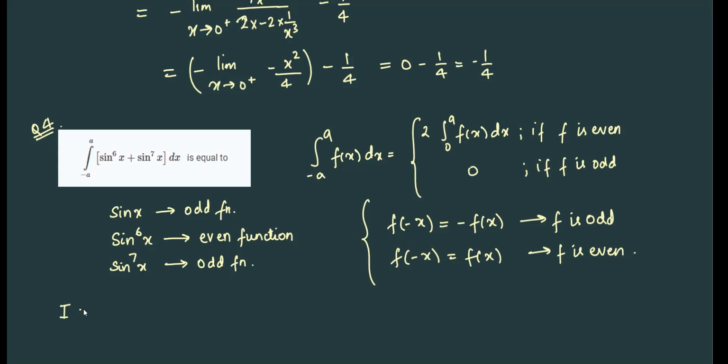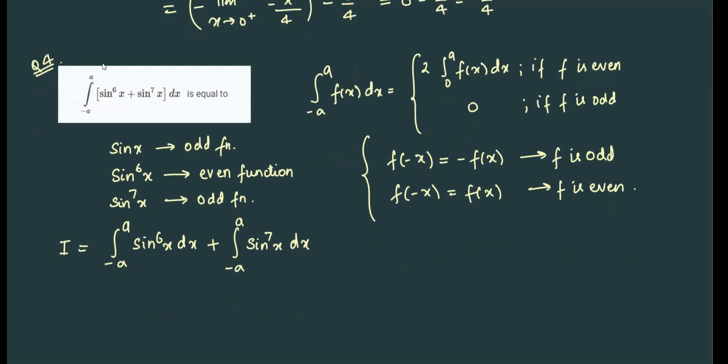So this we can split into two integrals. Integral minus a to a sine x raised to the power 6 dx plus integral minus a to a sine x raised to the power 7 dx. So this is odd, so this will go to 0 because it's an odd function.